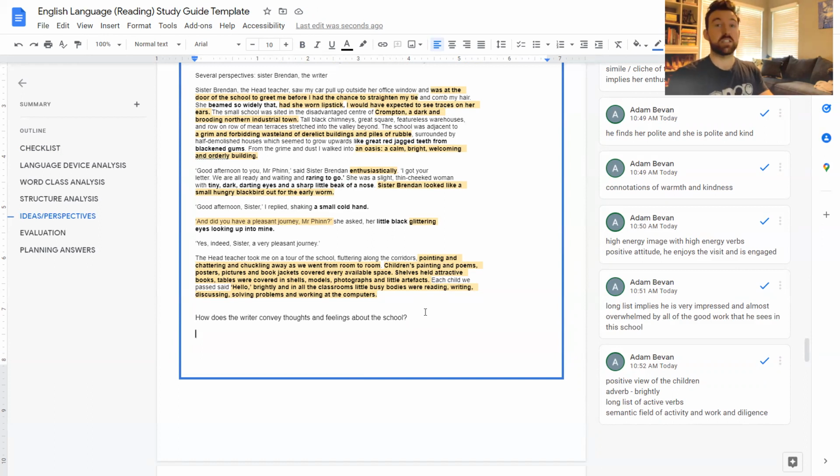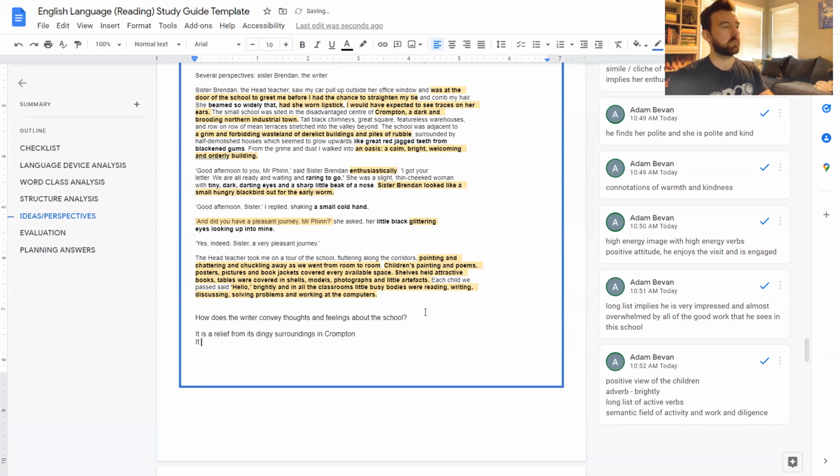So two ideas about the school that you could talk about: you could talk about how it is a relief from its dingy surroundings in Crompton, and we're also going to talk about it being a place where children feel safe and accomplish a lot. I would actually write these as two separate paragraphs, but just to give you a bit more value in the time we have left, I'll try and cover both and show you how I would write about it. And hopefully this almost writes itself because you've gone through this with me, so hopefully you can see what you would need to do.